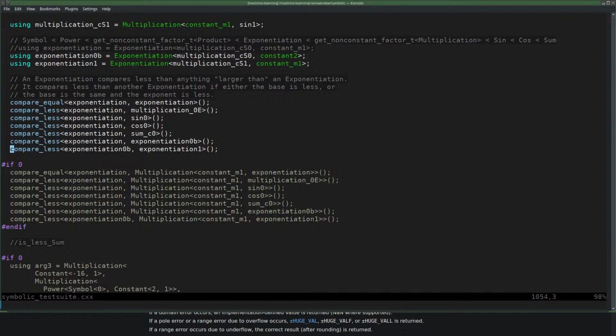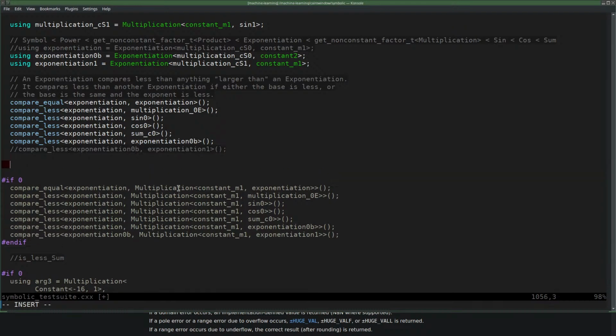Therefore, what goes wrong is comparing the base of these things, and the base of exponentiation 0 is this one, and the base of exponentiation 1 is this one.